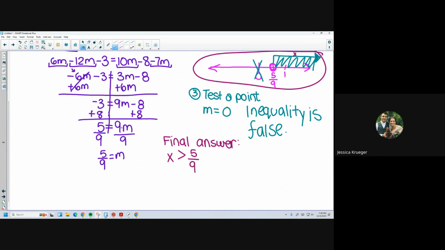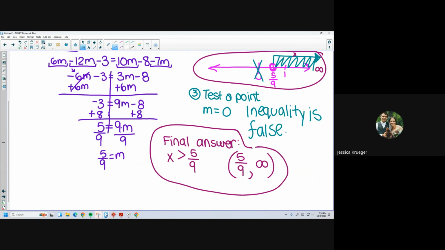And then my interval notation starts at 5/9 and goes all the way to the right at infinity. It does not include 5/9, so it gets a parenthesis, and we can never actually reach infinity. So these, along with the number line, are my final answer.